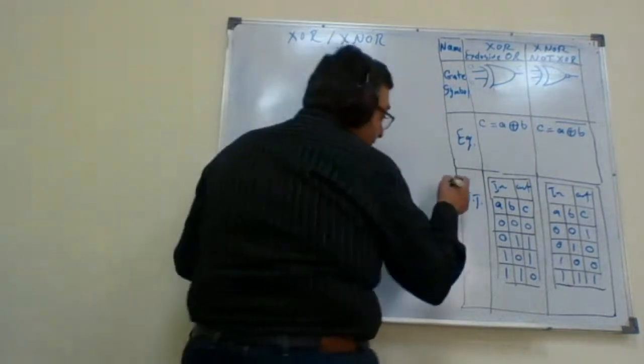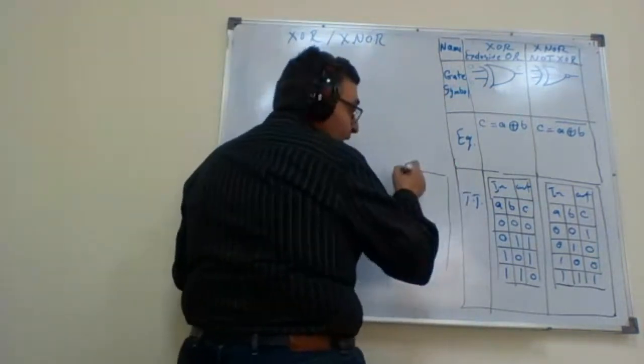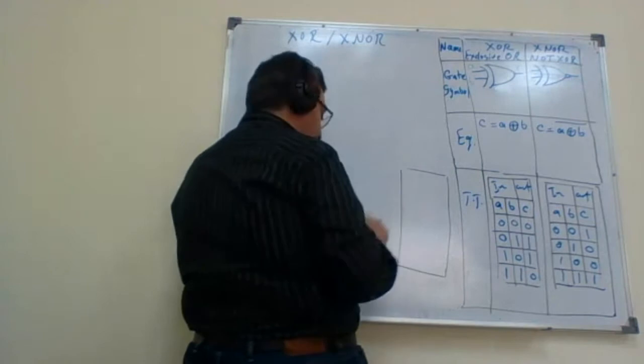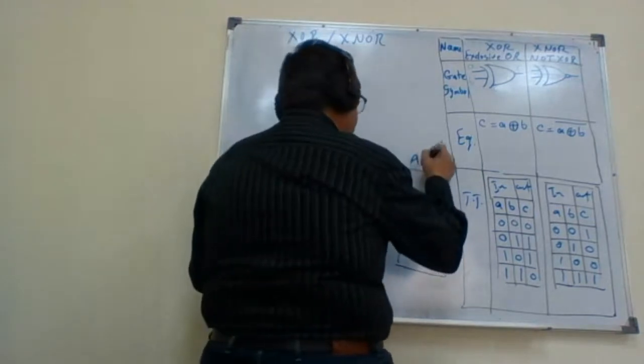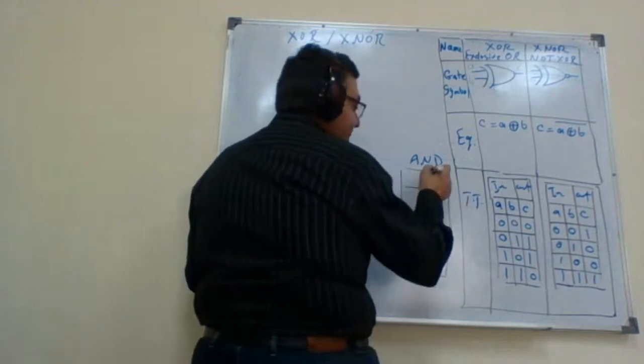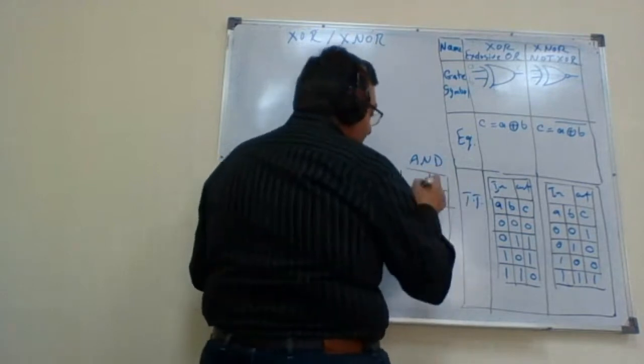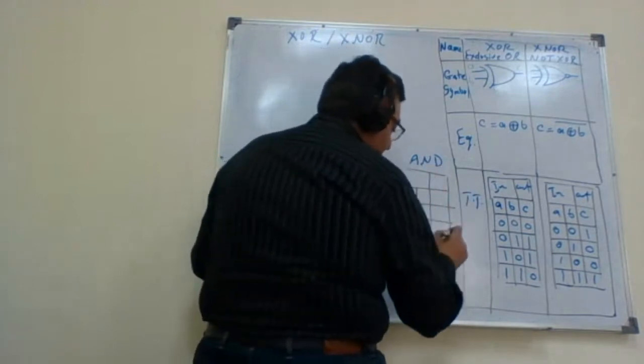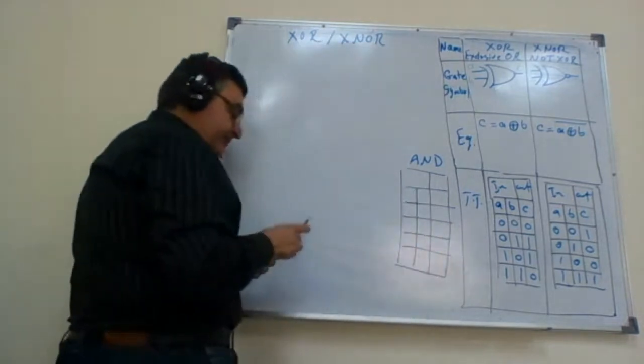Interestingly enough, people can also build a relationship between the AND and the XNOR. Do you still remember the truth table for the AND?